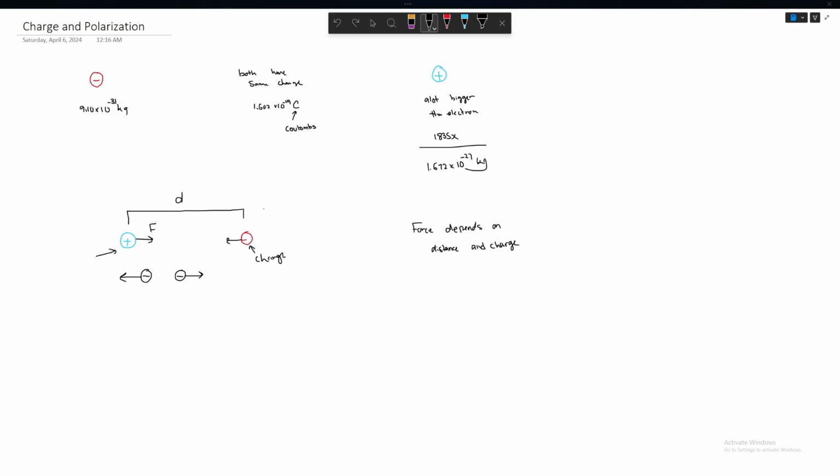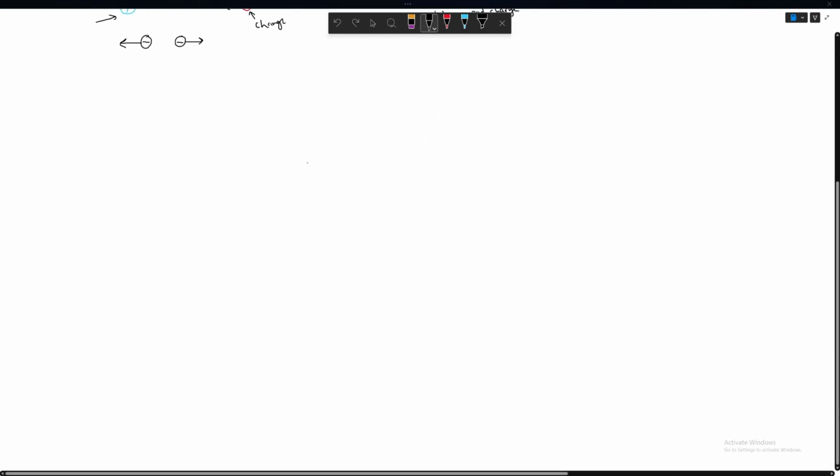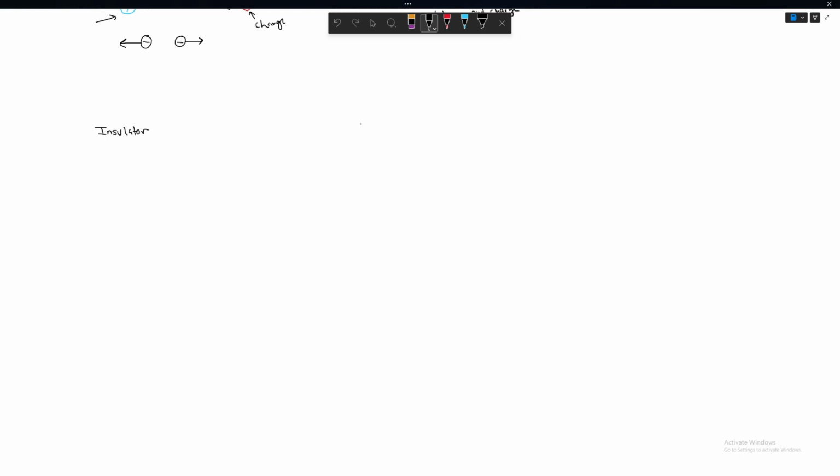Now what happens when we take these things into materials? Right? So we have two materials: insulator and conductor. Right? What's the difference in both? Okay. In an insulator, electrons can't move.